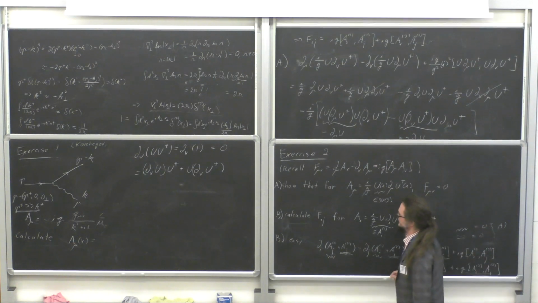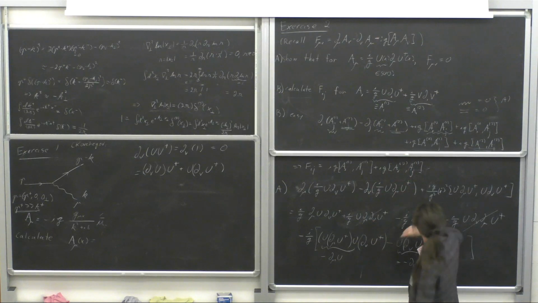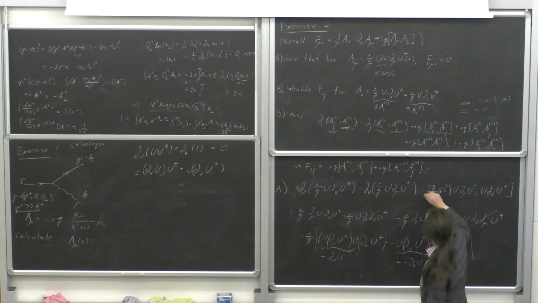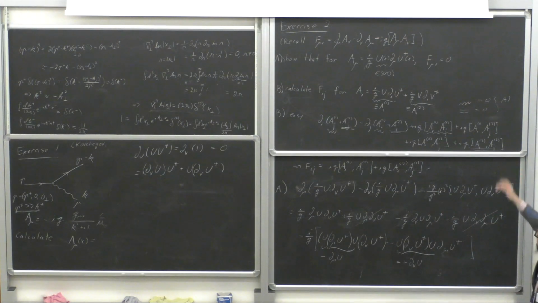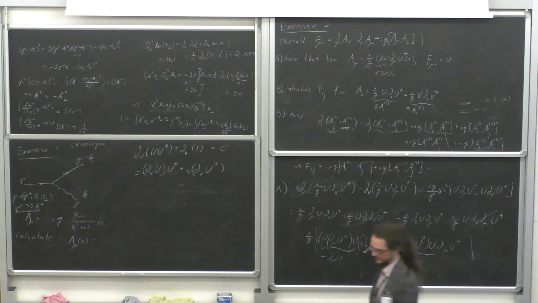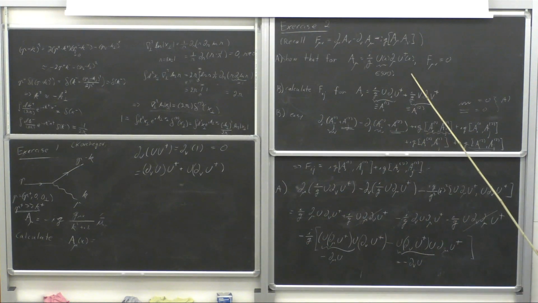So let's start with A. So if I here have a minus, I'm just plugging in. This kind of field is known as a pure gauge. So it is a field that you can obtain by taking the vacuum and making a gauge transformation to the vacuum, right?